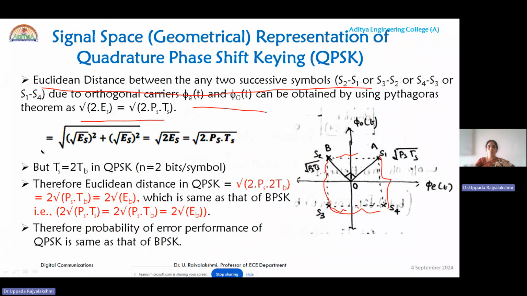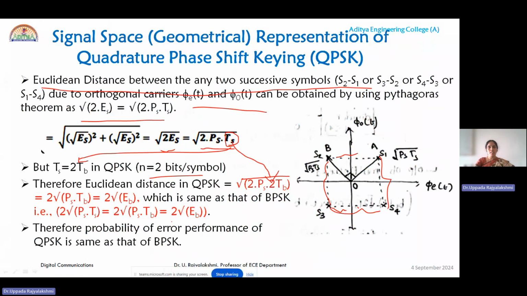Then you will get root of root Es whole square plus root Es whole square, so it is root over 2Es. You can write root Es as root over Ps into Ts. But remember that in QPSK, because we have 2 bits per symbol, Ts is equal to 2Tb. So we can write the Euclidean distance as root over 2Ps into 2Tb, because Ts is equal to 2Tb for QPSK.